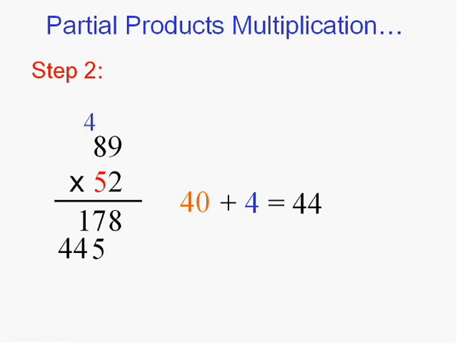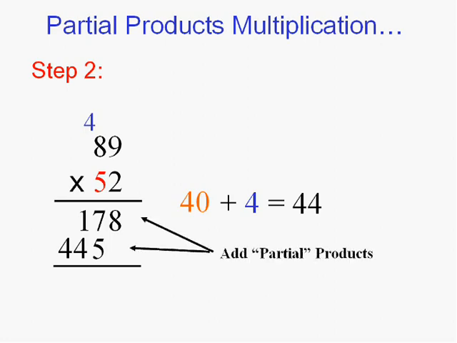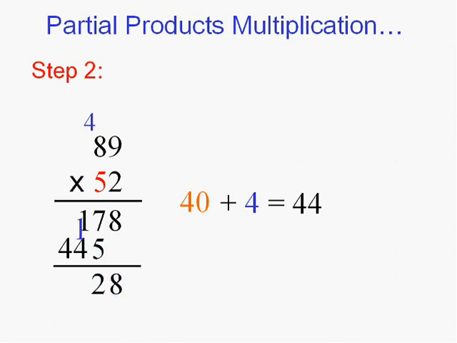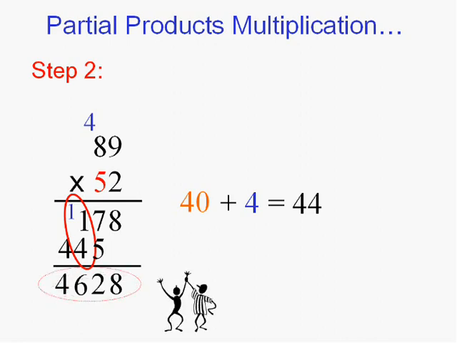Now, I have 2 parts of the answer, partial products. Let's add them together. 8 and nothing is 8. 7 and 5 is 12, so I write the 2, carry the 1. 1, 1, and 4 is 6, and then 4 and nothing is 4, and there's your answer.